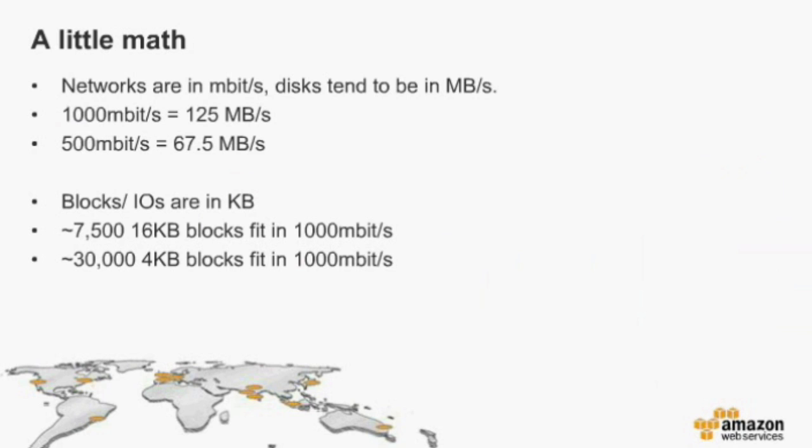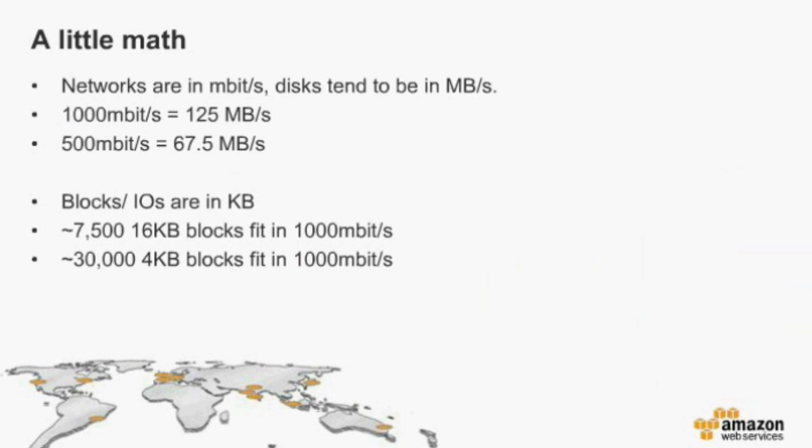So if you're using 16K blocks, you can run roughly 7,500, I think it's 7,800 and some, individual block operations across that 1,000 megabit limit. Similarly, if you reduced the block size of your operation, that means each I/O is a quarter of the size, you can do 4 times as many I/Os across the network link. So that is how you understand the network bandwidth between EC2 and EBS.